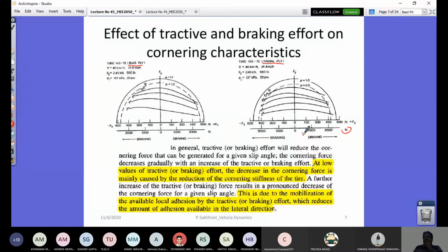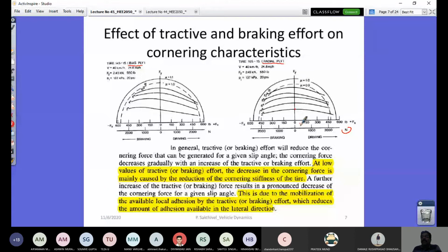Now you see this vertical axis represents your side force, that is, the lateral force developed. What is this point 0? This is neither a driving condition nor a braking condition. That's only the pure free rolling condition of your tire, and the maximum value that is possible for you to get is this value Fy.